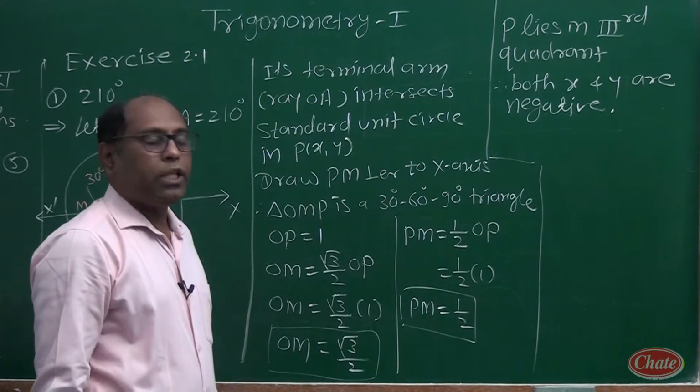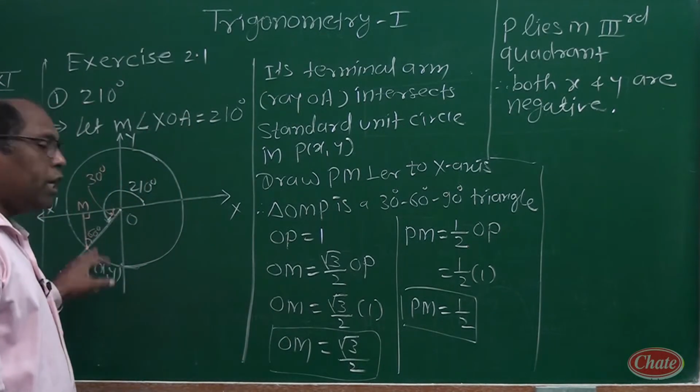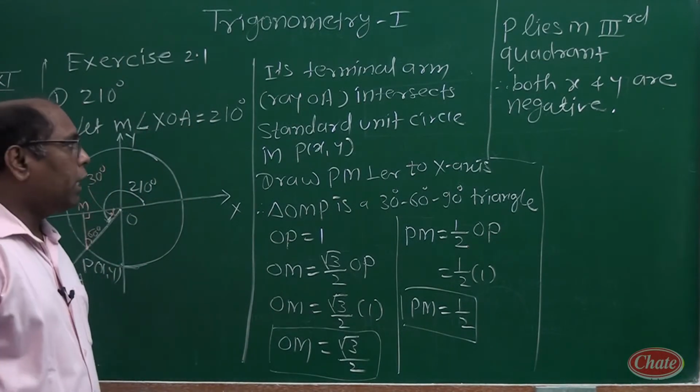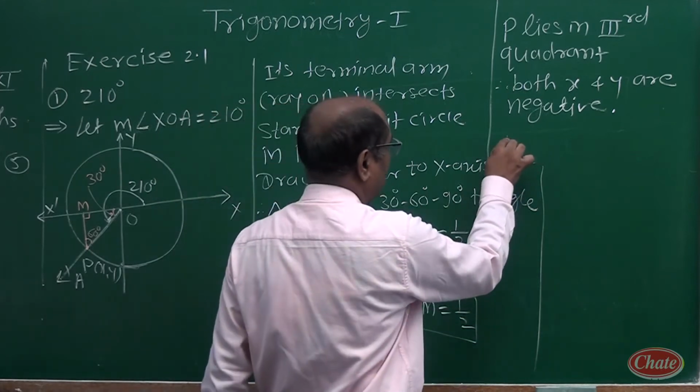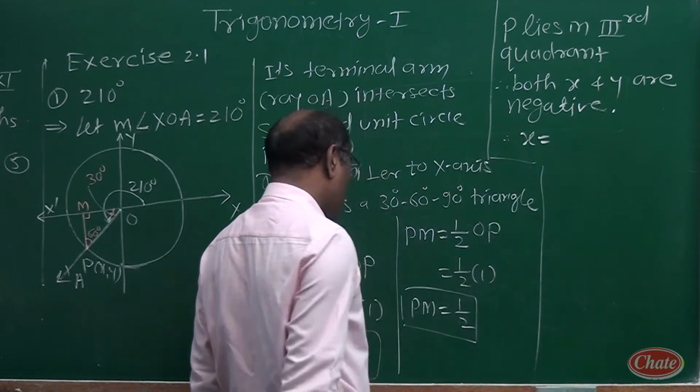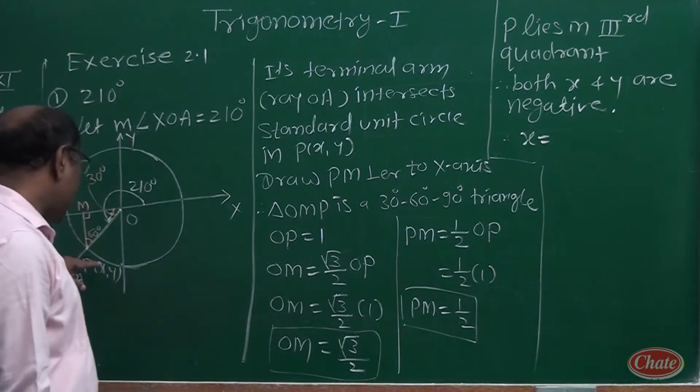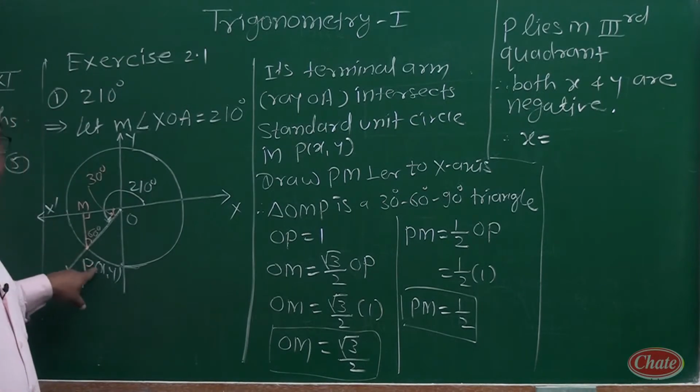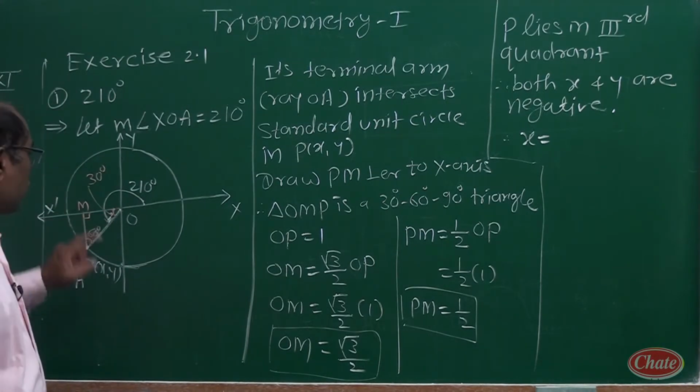Both the coordinates x and y are negative. So what is the x coordinate here? The x coordinate of P is nothing but minus OM.